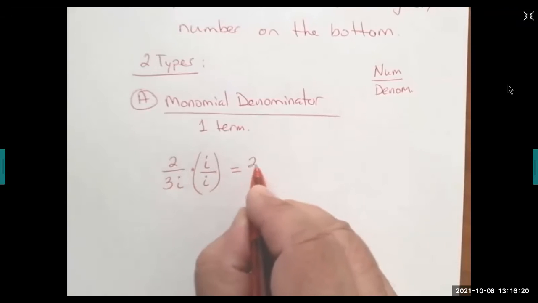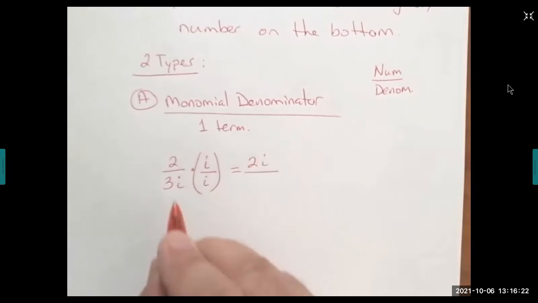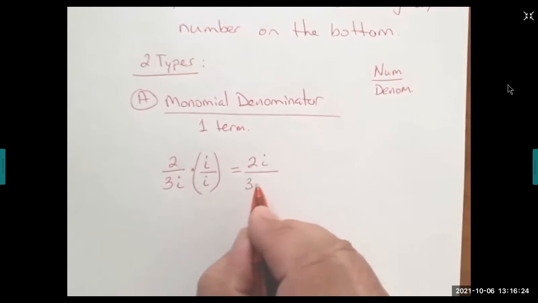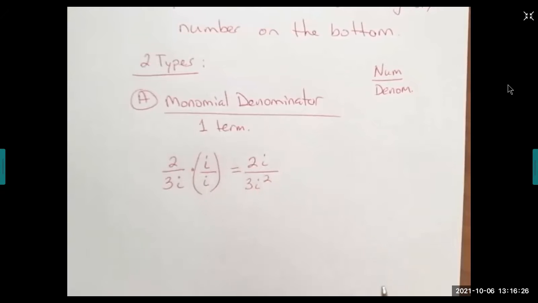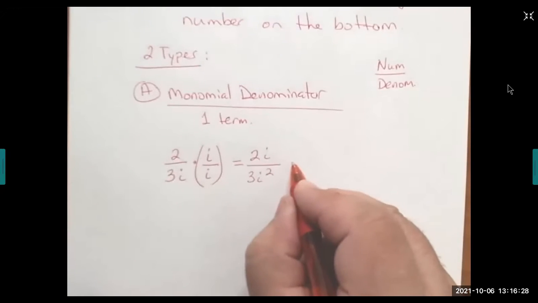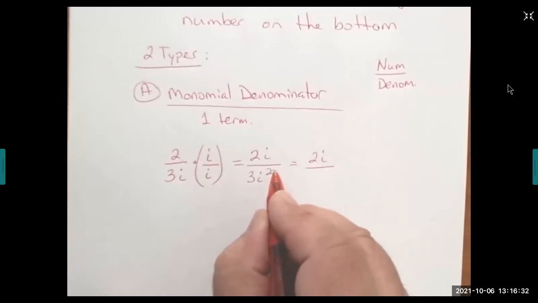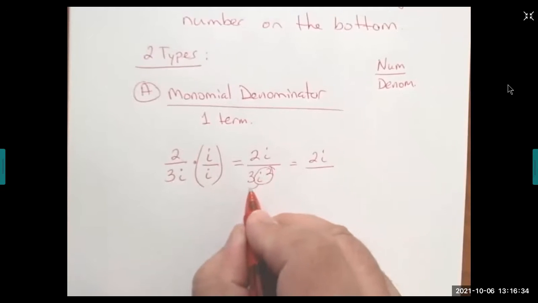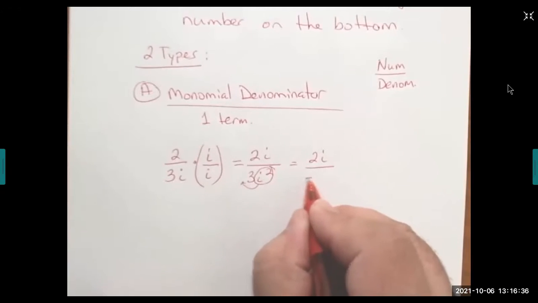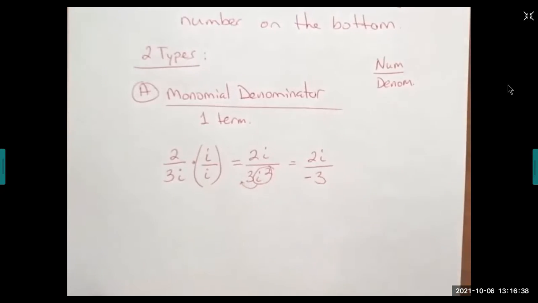So 2 times i is 2i. 3i times i is 3i squared. What does i squared do? It changes the sign of its coefficient.